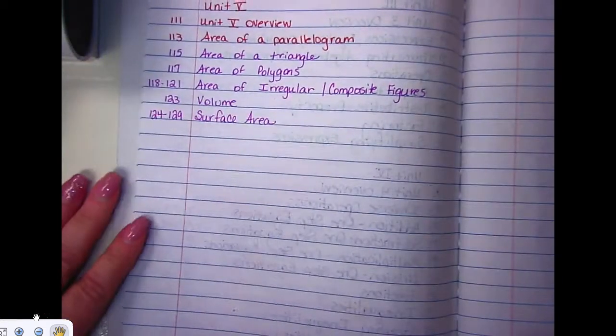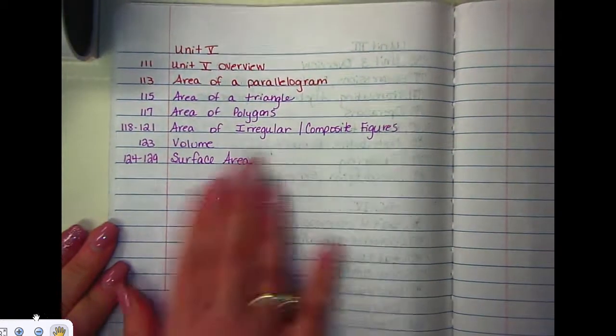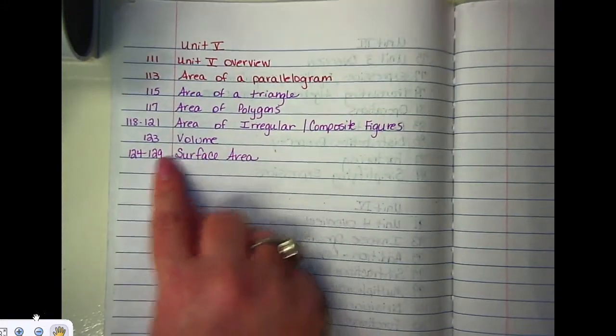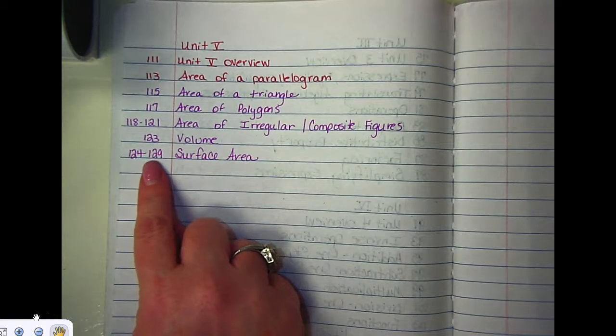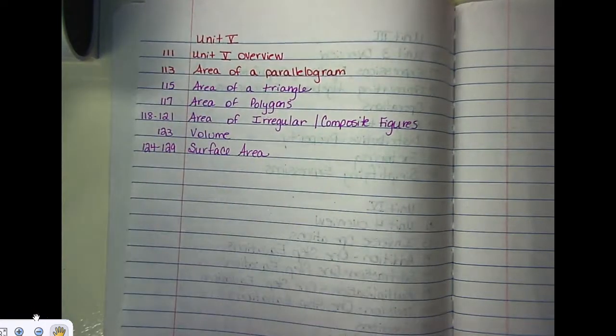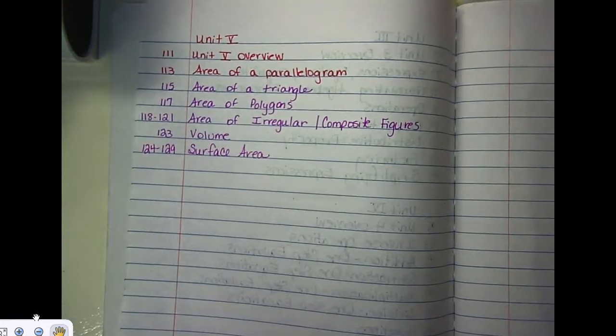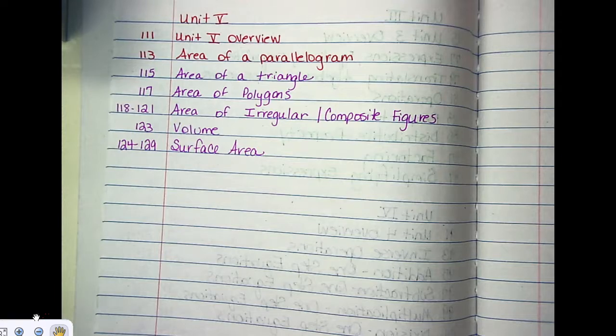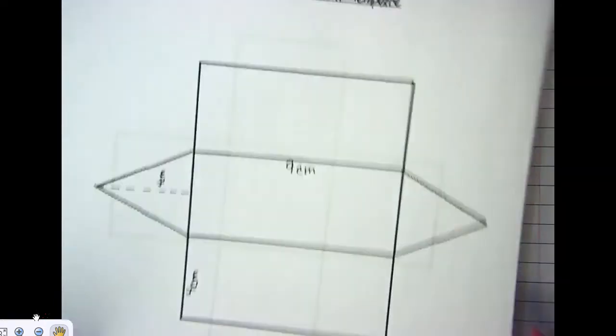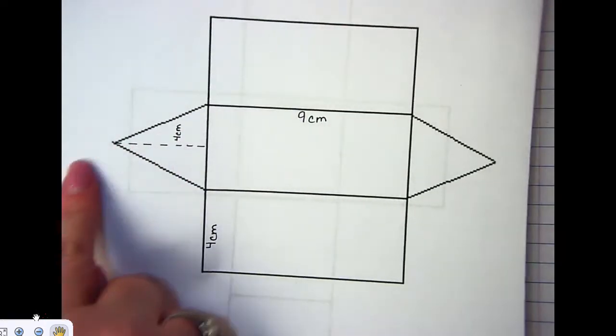All right, so where we're going to start is you can get your table of content up to date. We are going to put the surface area on pages 124 through 129. 124 through 129 is surface area. So add that to your table of content. And then I want you to cut out each of these templates as one whole piece.